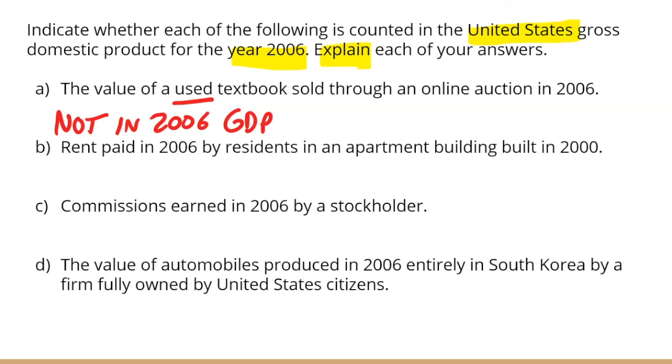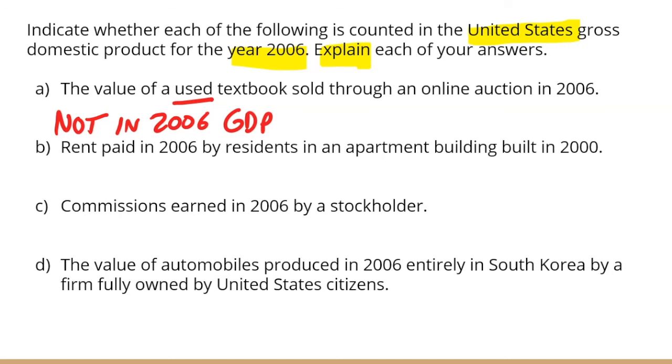So for example, if this used textbook was a new textbook in the year 2000, that means this new textbook was counted towards the 2000 GDP. We can't double dip and say it counts for the 2000 GDP and it also counts towards the 2006 GDP. So it's only going to count when it is a new item. And because it is used, it is not included in our 2006 GDP here.